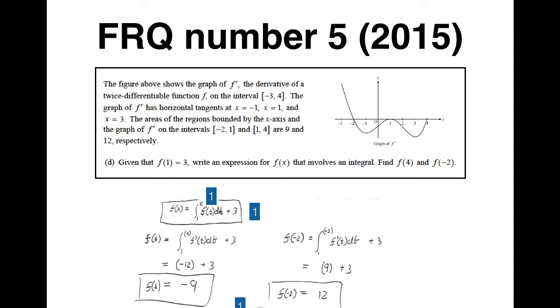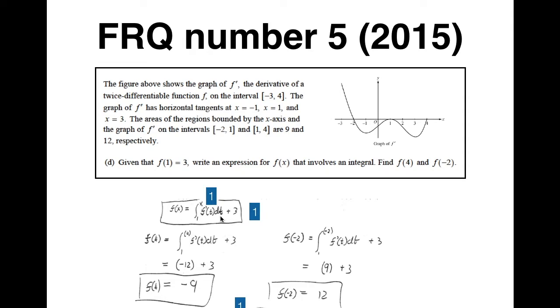There were lots of points here. 1 point was earned just for stating that the integrand was f prime of t. 1 point was earned for the entire expression of f of x, and that means remembering that we have an initial condition here, so plus 3, and also for writing it correctly in math.